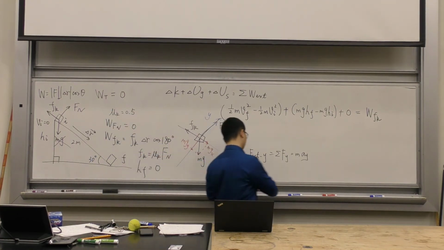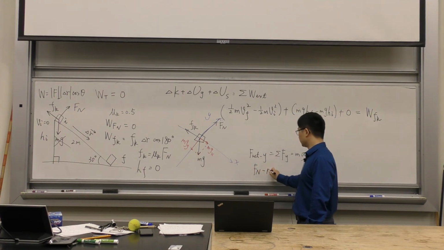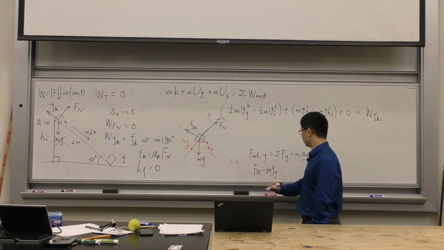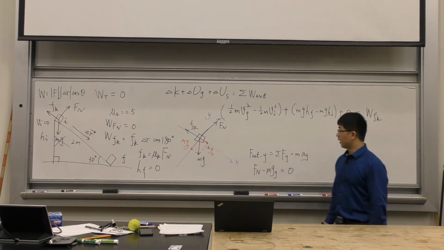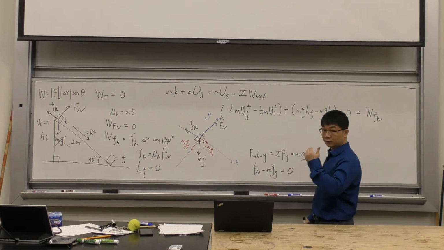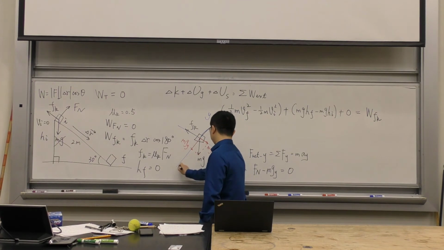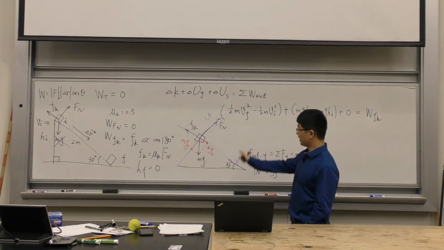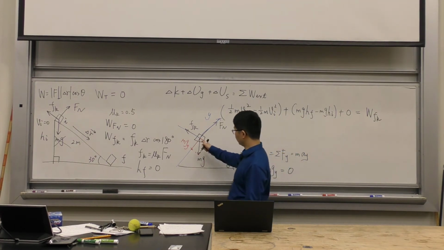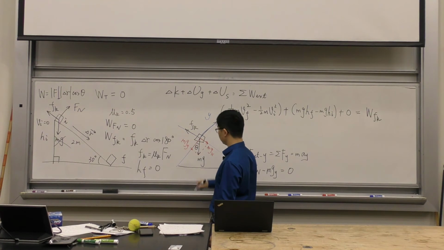So you will just get normal force minus mg y component equals 0, because there's no acceleration in the y direction. Then how do you find the y component? We also did that earlier. If this is the inclined angle theta, which angle is theta? If you want to transport angle theta into this right triangle, this angle is theta. We've done that many times.